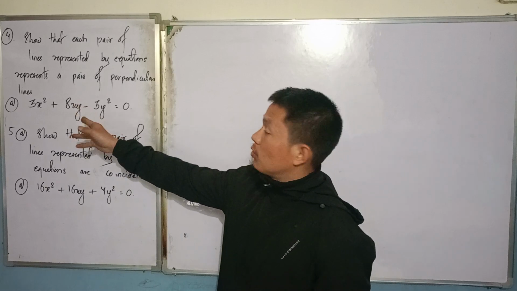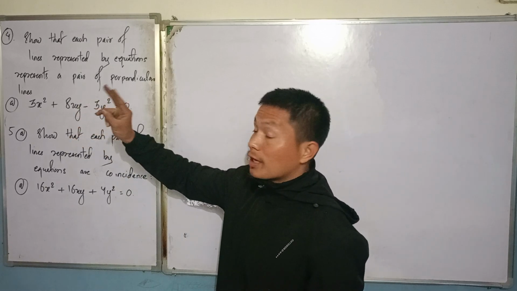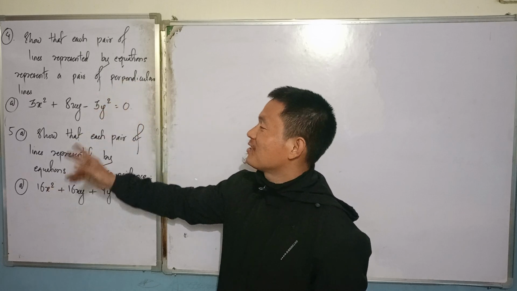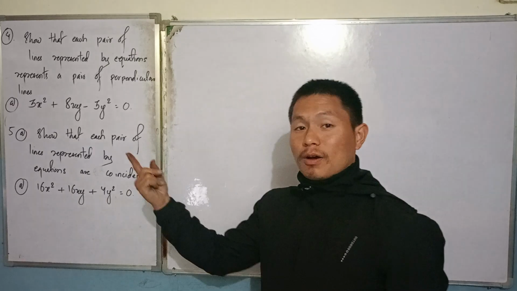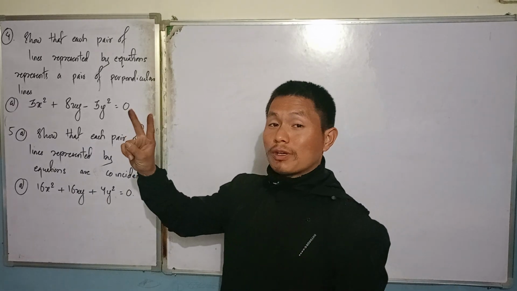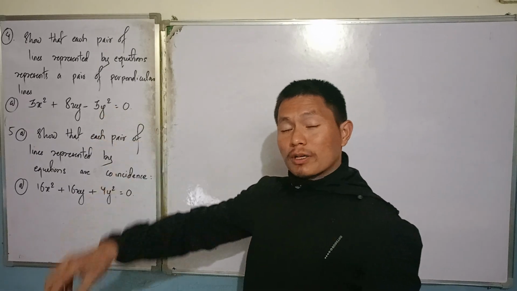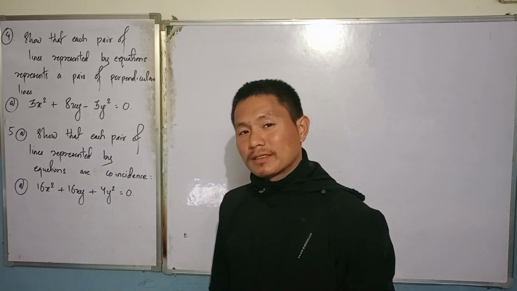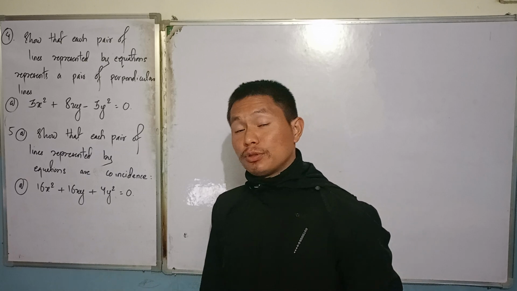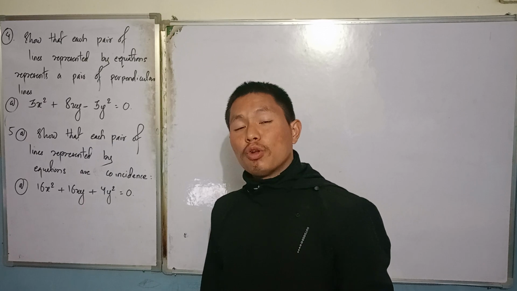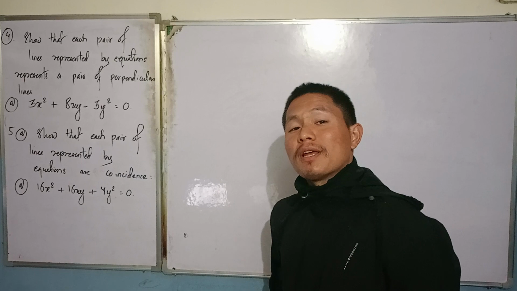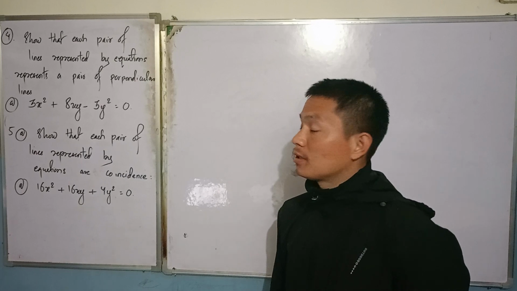If you factorize this, you will get a pair of lines, and we'll just find the slope of those two lines and use the condition of perpendicularity.